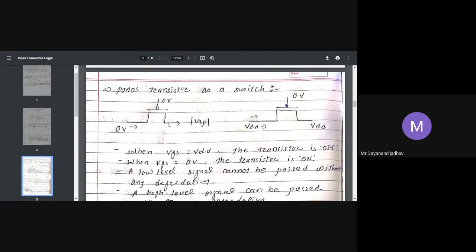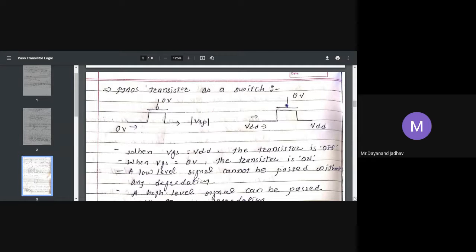In this way the switching happens in the PMOS, and we consider the NMOS transistor in the same way, looking at the switching mechanism in PMOS and in NMOS.